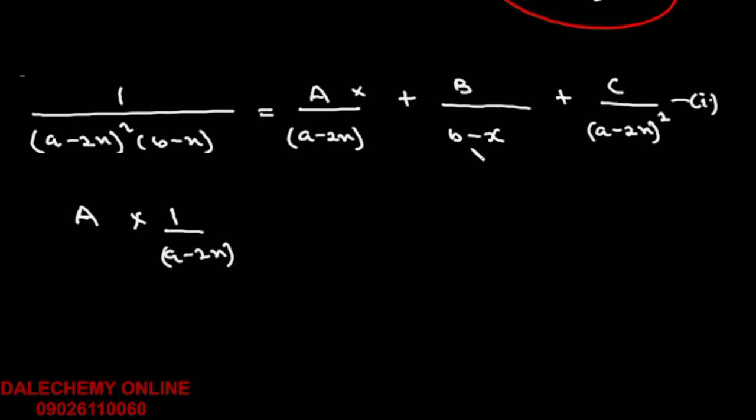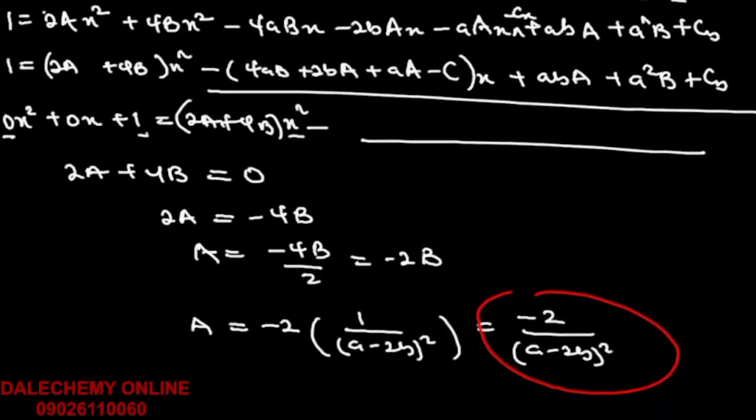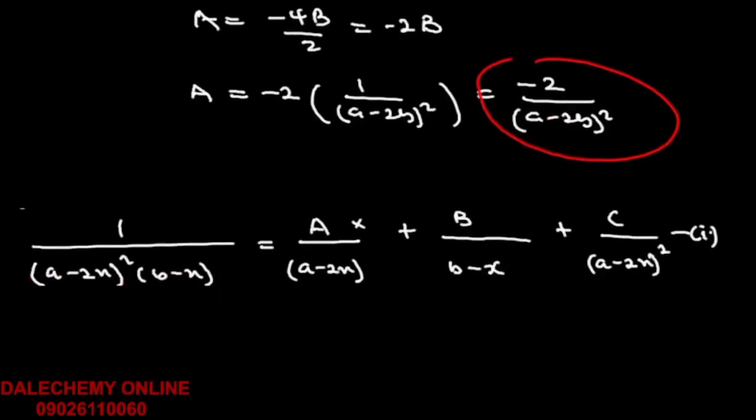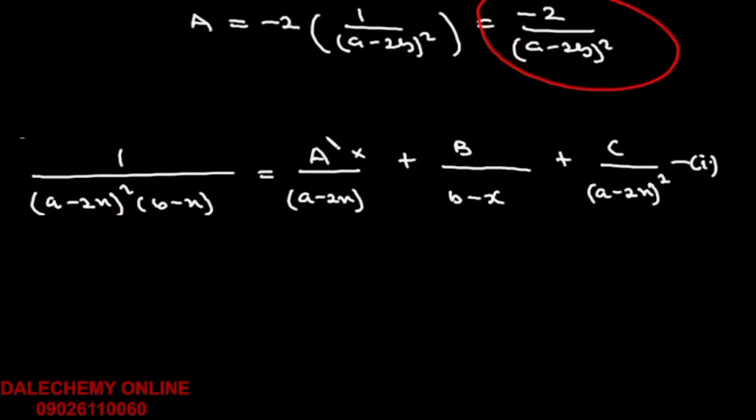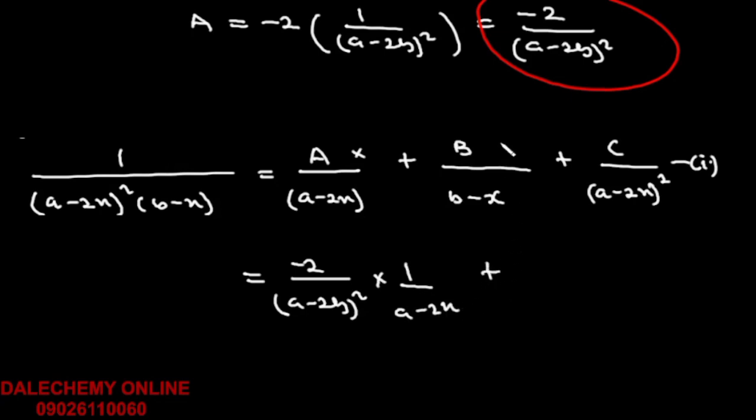And the same thing with B, it will be B times 1 over B minus x, like that, and like that for C as well. So that's how I'm going to do that, because all of them, A, B, C, they are also fractions. So to make things easy, starting from A, this expression here becomes minus 2 over A minus 2B squared, then times 1 over A minus 2x, then plus B as well.